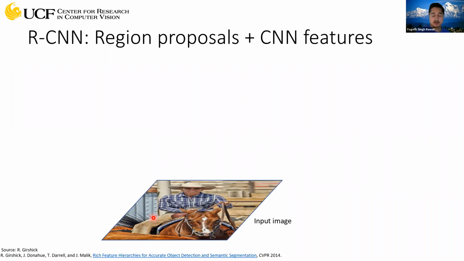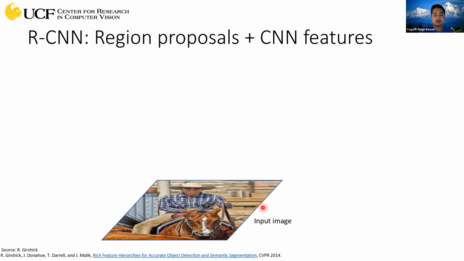All right, so what we do is, given an image, first we run the selective search algorithm, or any other algorithm which can give you proposals. A proposal tells you where in this image you might have some potential objects.